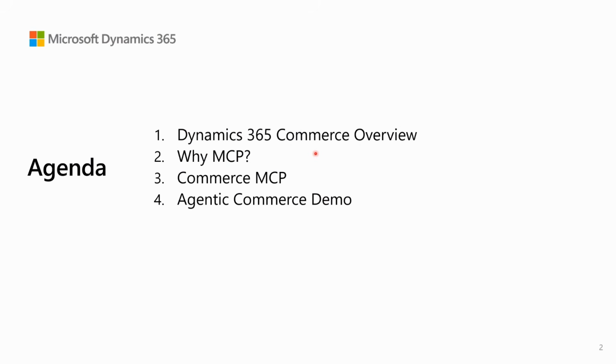By the way, for the folks joining who may not know, MCP stands for Model Context Protocol, and we'll talk about what it means and why we are embarking on that journey. Then we'll showcase our release plans as well as the demo for agentic commerce.